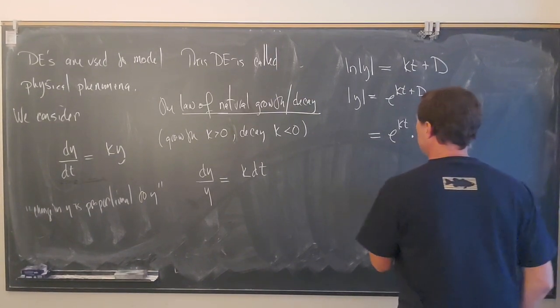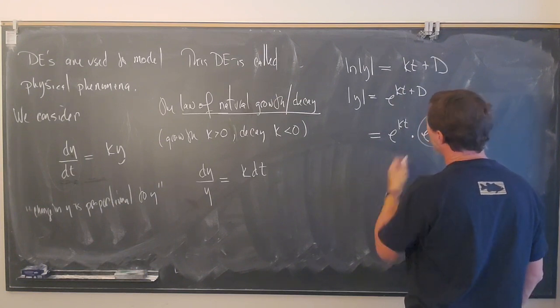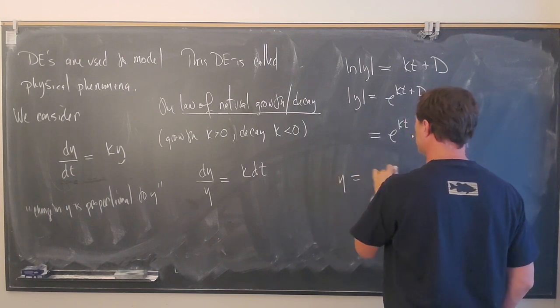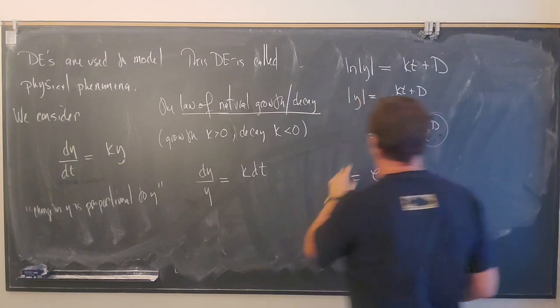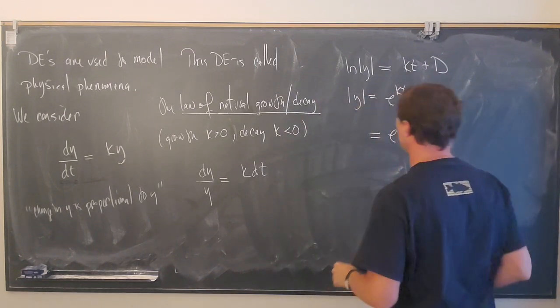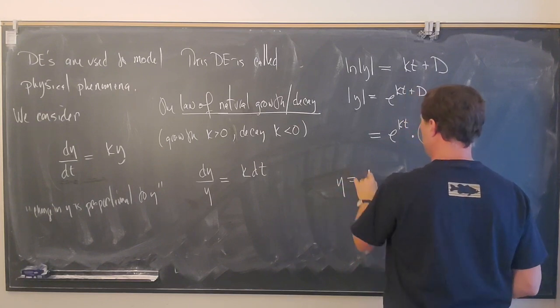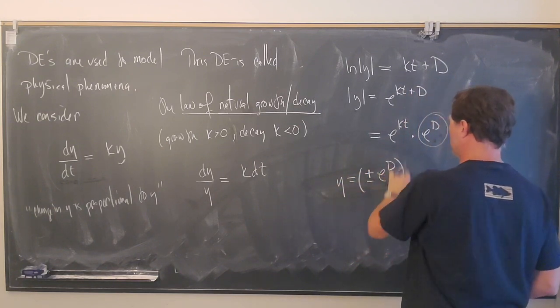Let me do one more step here. What I want to do is get rid of the absolute value. And so if I do that, what we get is y equals plus or minus e to the d times e to the kt.